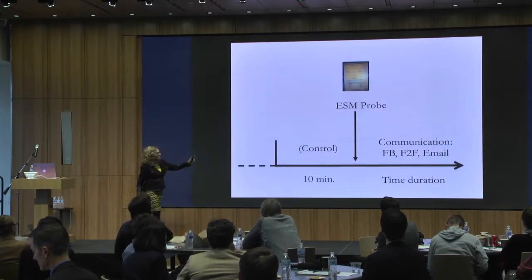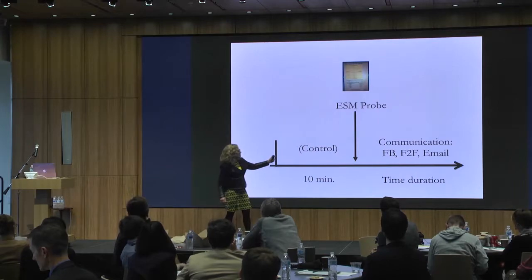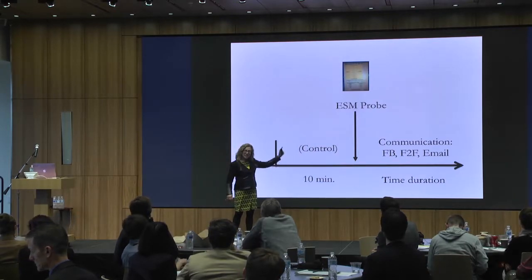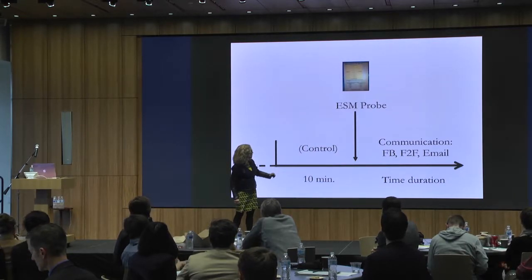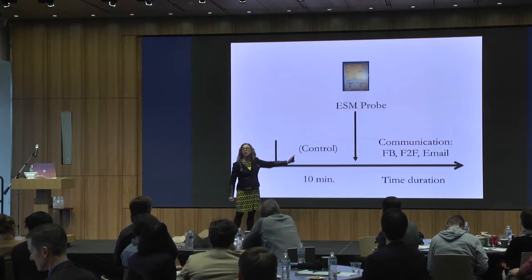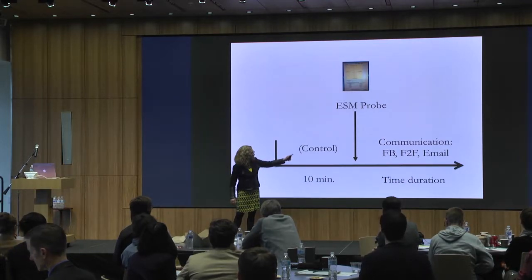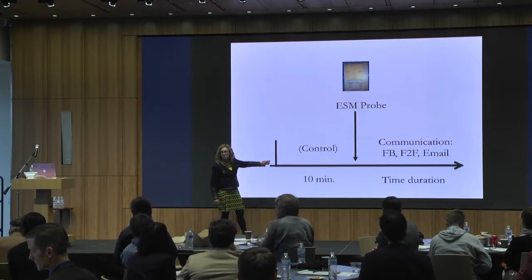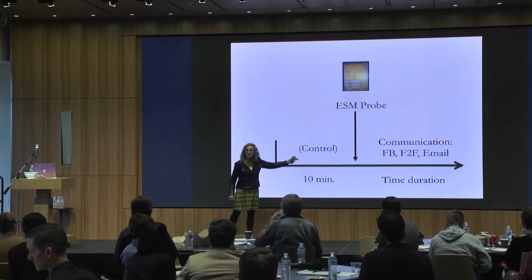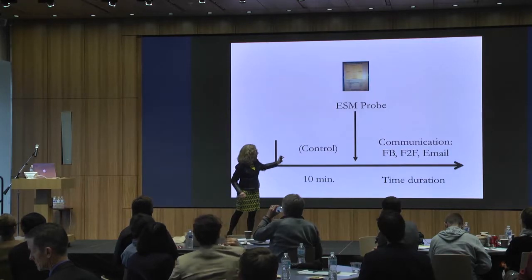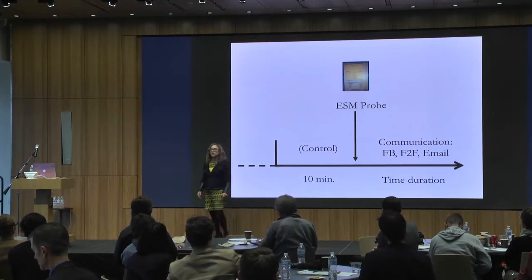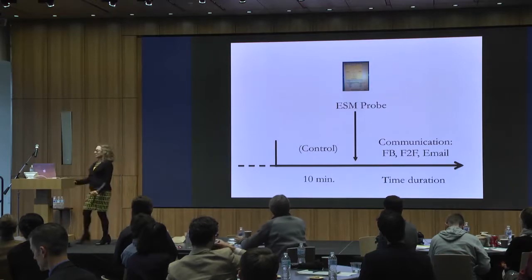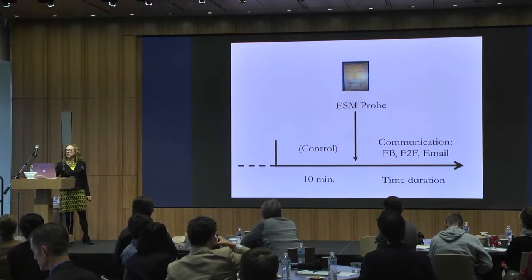And here's the basic way that the study was designed. People were getting these experience sampling probes, and we looked at how long they spent on Facebook, face-to-face, and email after the probe. Of course, we had to put in a control because maybe people were using Facebook prior to the probe. So we controlled for the amount of time that they spent and the activity that they were doing.